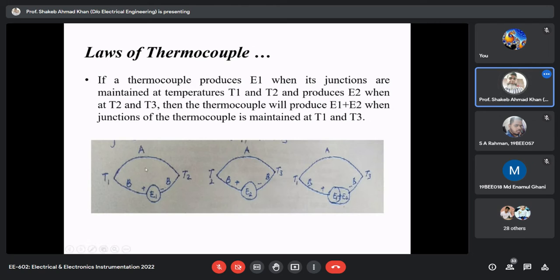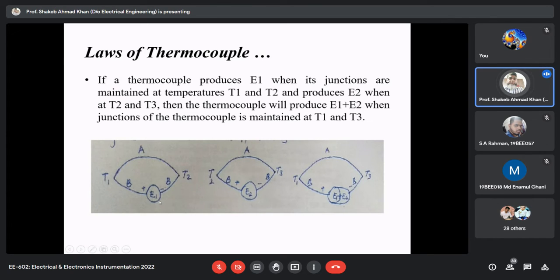Then you will get a certain voltage. Now the measurement junction remains at 80 degrees Celsius, but the reference is at room temperature, suppose 25 degrees Celsius. So your measurement temperature remains the same, but your output voltage at the higher reference junction temperature will reduce.